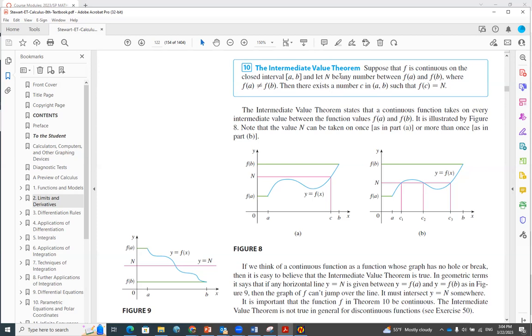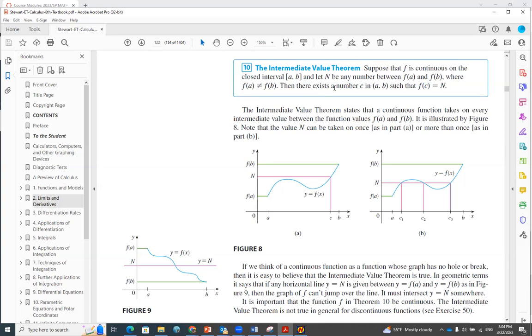Secondly, N is any number between f of a and f of b, where f of a is not the same as f of b. You may think, what if f of a and f of b are the same? That case is considered a trivial case, so to deal with the non-trivial case, we assume f of a and f of b are not the same.